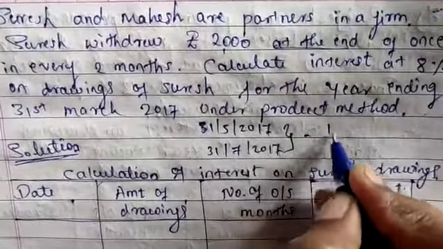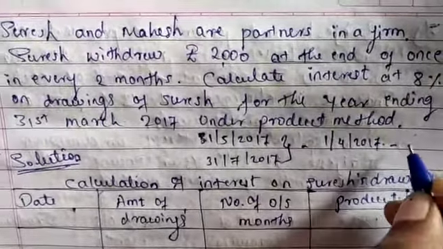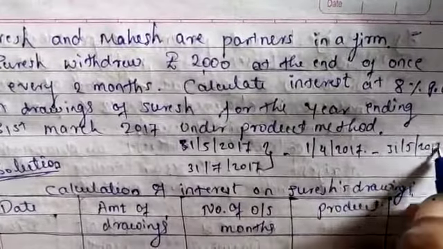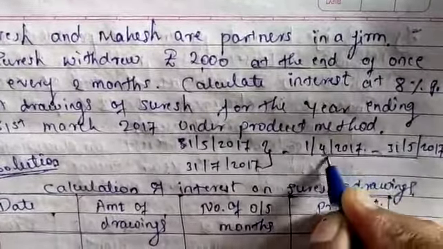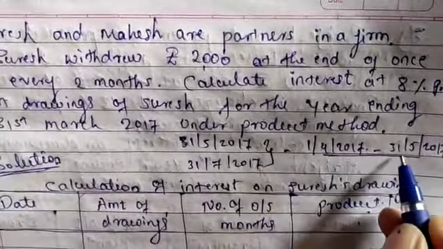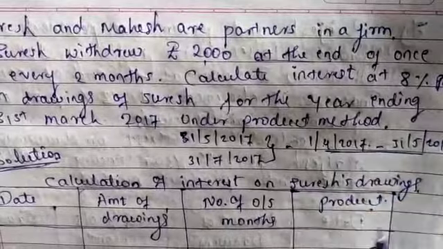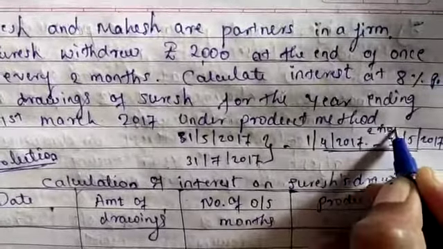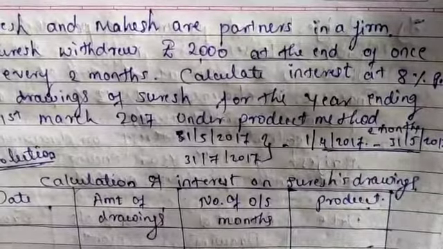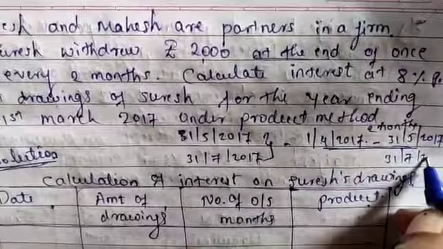The accounting year started on 1/4/2017 and they made drawings on 31st May 2017. This is the first drawing gap. The accounting year started on 1/4 and drawings were made on 31st May 2017. This is a 2 months gap. After this date again a 2 months gap, and next they will be making drawings on the 31st July 2017.